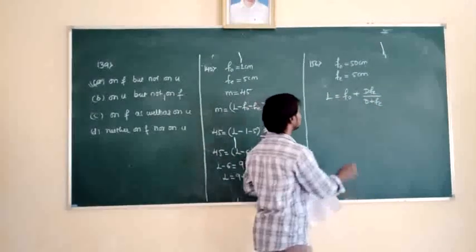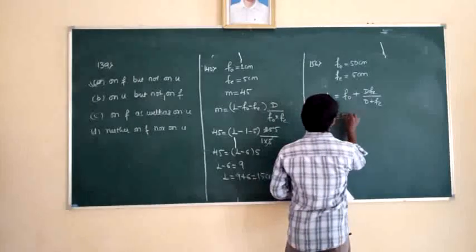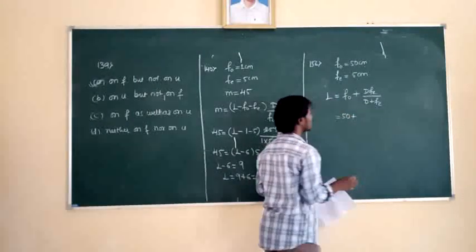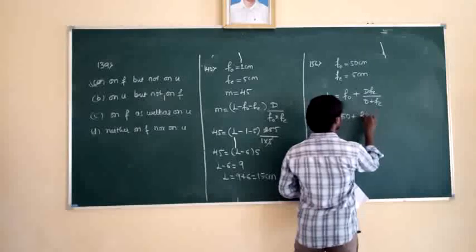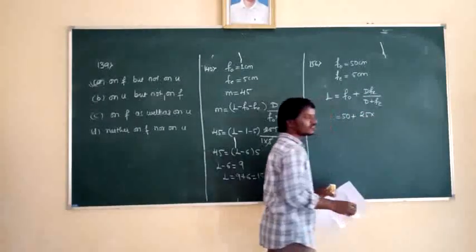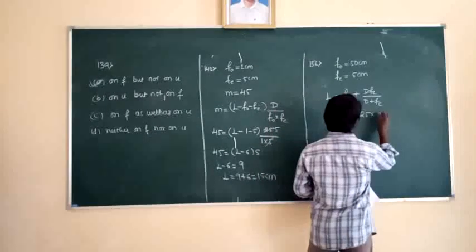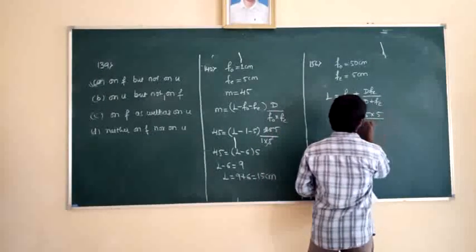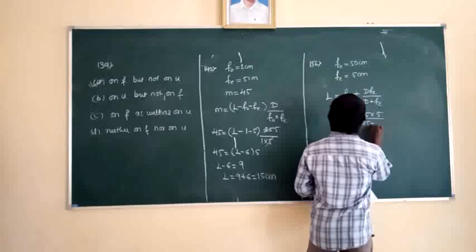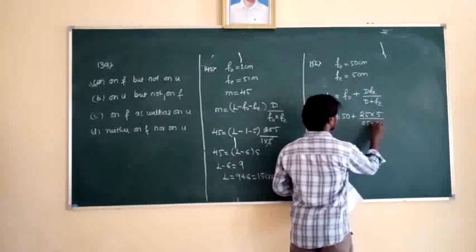What is FO given? FO is 50 plus, what about D? D is 25, the least distance of distinct vision, that is 25 centimeter, and FE is 5. Then 25 into 5 divided by 25 plus 5.